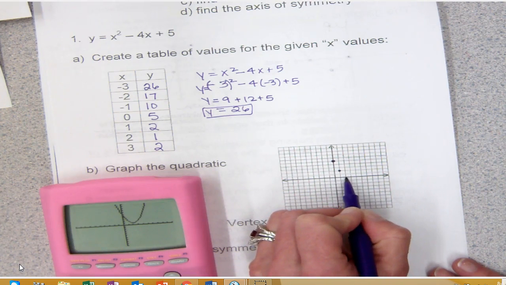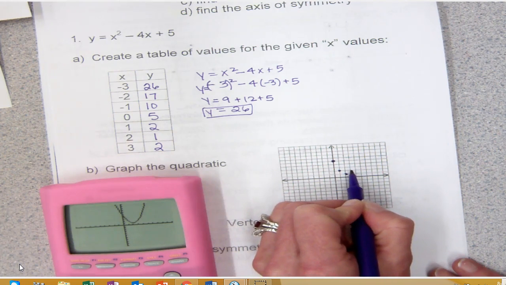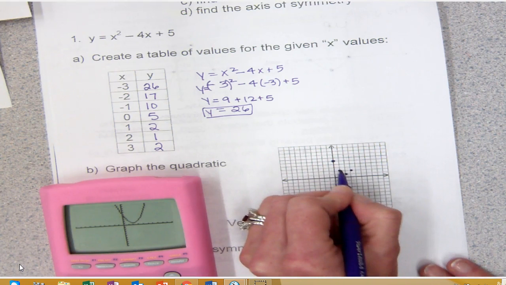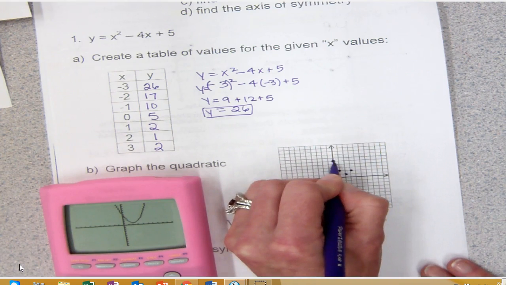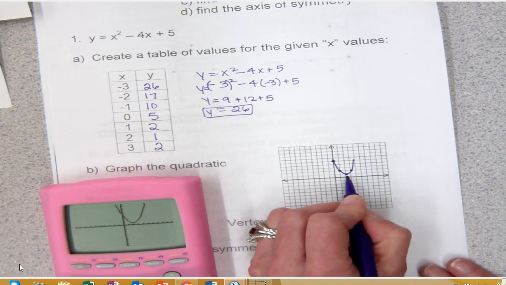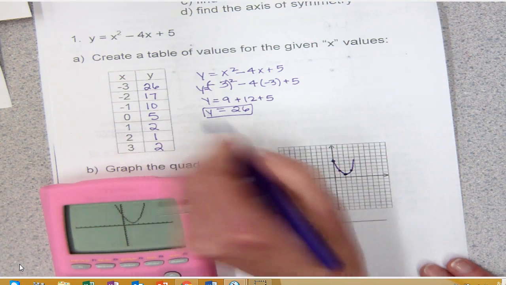When x is 2, y is 1. When x is 3, y is 2. So I start to see that is where my parabola starts making a turn. Right there. So I can tell that this is going to be my vertex.